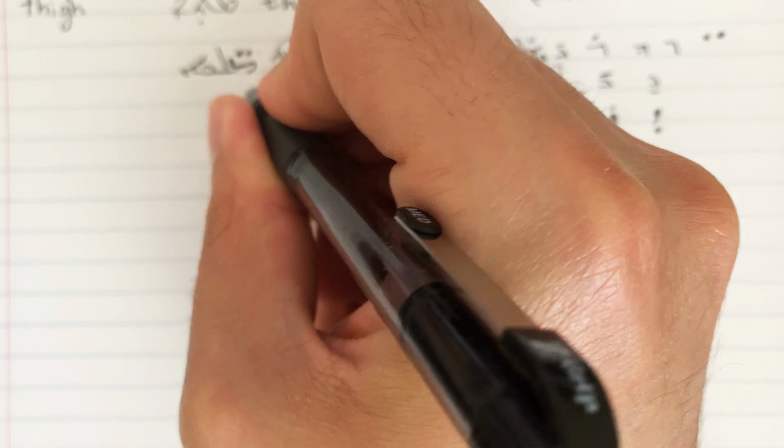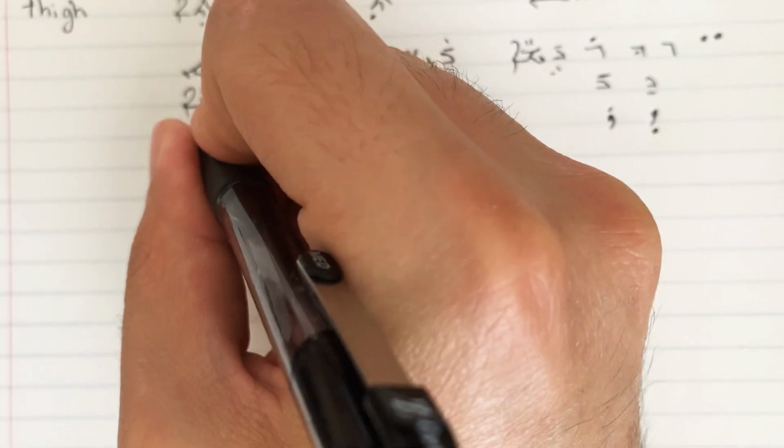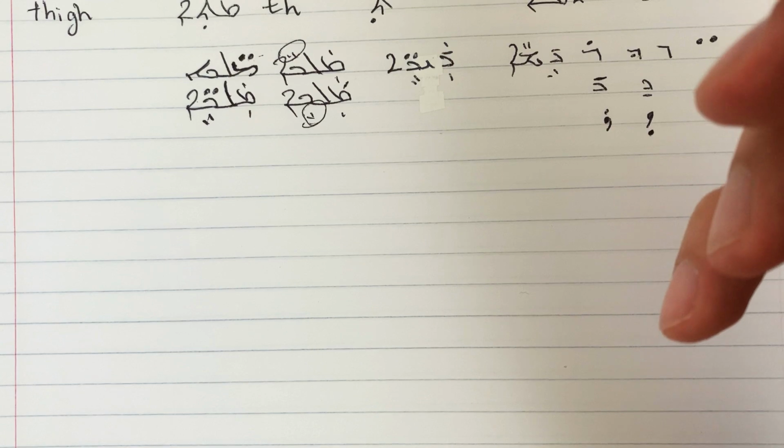It's redundant, but they still write that way. So you can write malki, for example. That's the way I spell it.